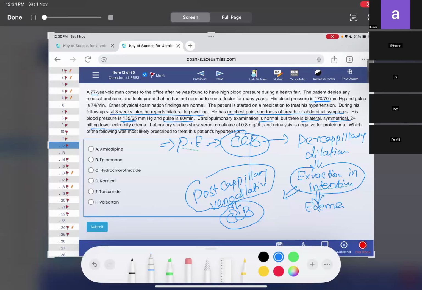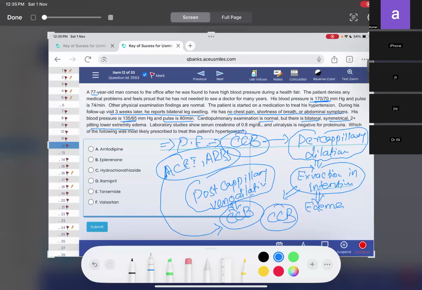Amlodipine. Amlodipine usually causes precapillary dilation. Post-capillary venodilation is usually caused by ACE inhibitors or ARBs. So these can counteract the calcium channel blocker side effect in peripheral edema patients. So usually they are given in combination, and the peripheral edema will subside.